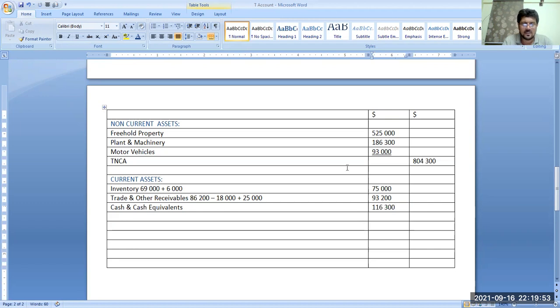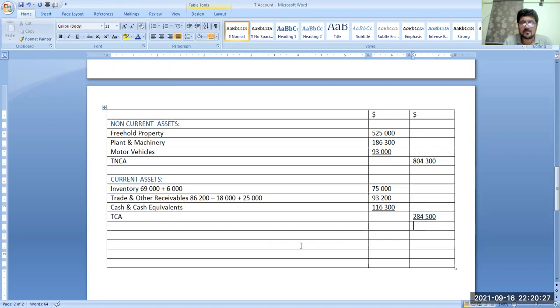So altogether, total current assets would be 75,000 plus 93,200 plus 116,300, which is 284,500. 284,500 is the total amount of total current assets. Done.